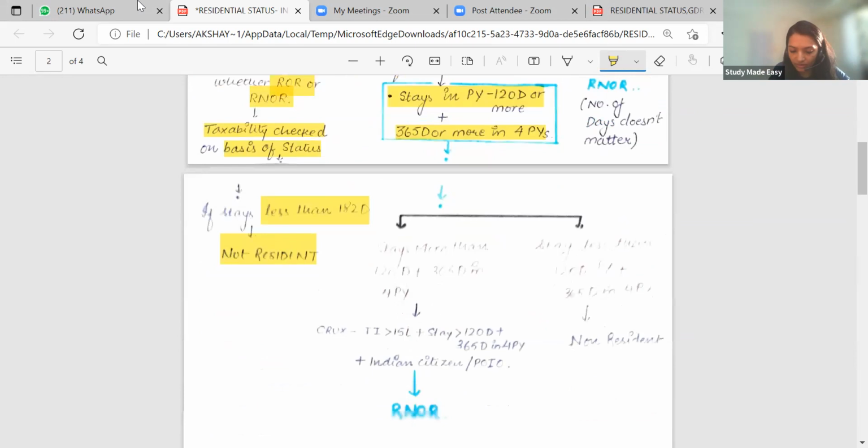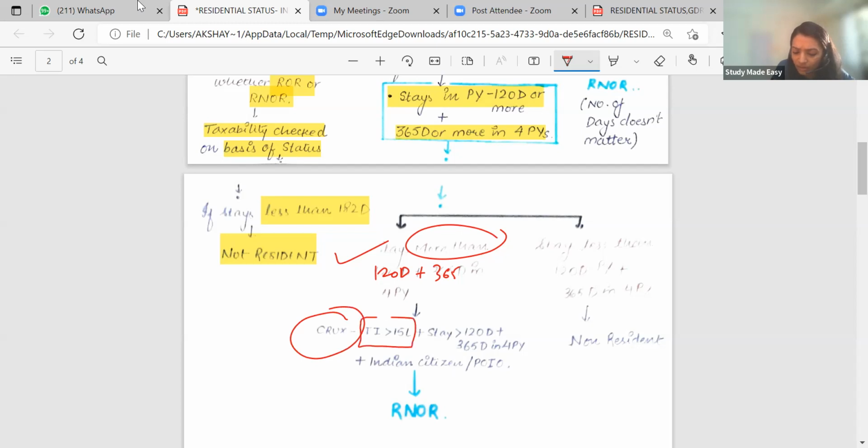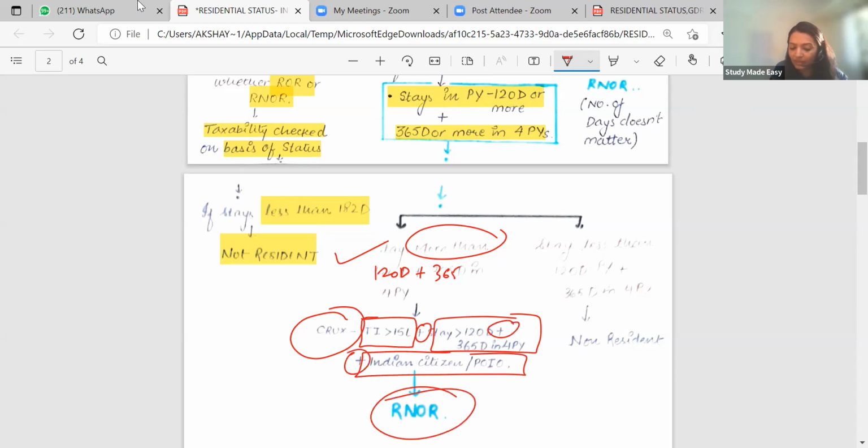If this person stays more than 120 days plus 365 days, he complies with this condition. So can I say the crux? If his total income is more than 15 lakh, he stays for this much time, he is either Indian citizen or person of Indian origin. If all get complied, then he is resident and not an ordinary resident.